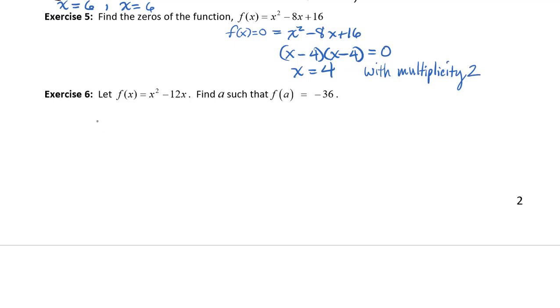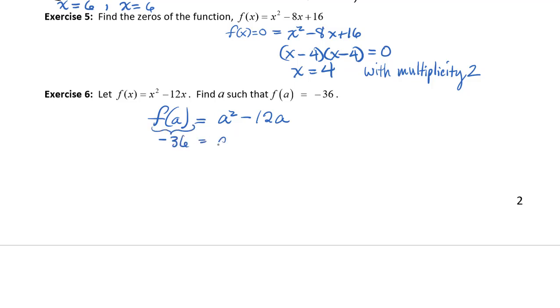On this last exercise, we have f of x equals x squared minus 12x. Find a such that f of a is equal to negative 36. We'll rewrite this as f of a is equal to a squared minus 12a, and then we know that f of a equals negative 36. So I'll replace the f of a with negative 36.